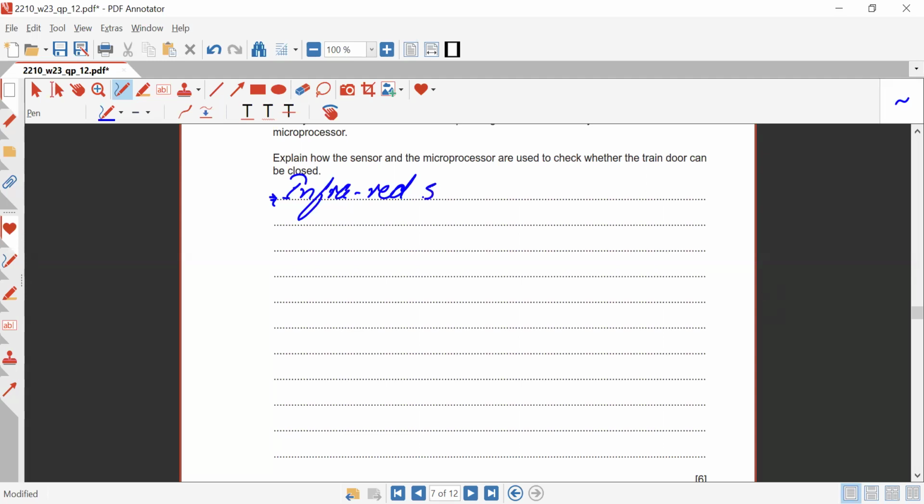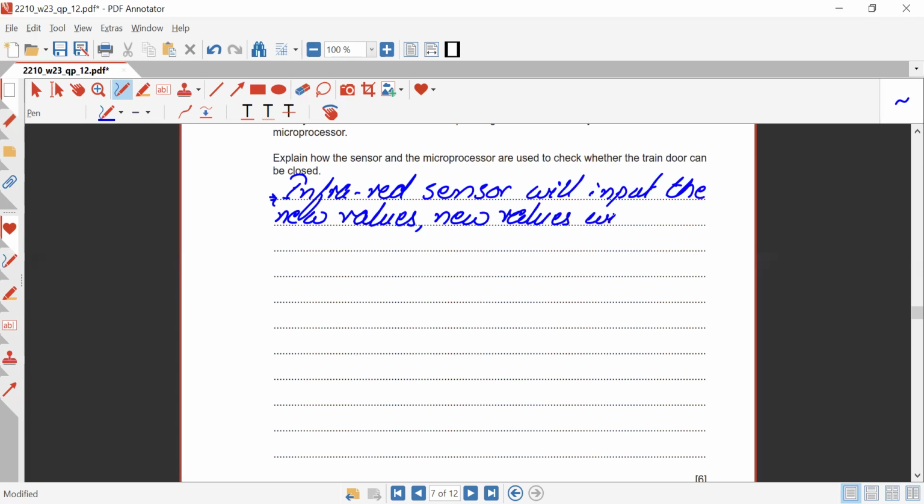Infrared sensor will input the data. Input the new values. New values will be converted to digital by ADC, that's an analog to digital converter.